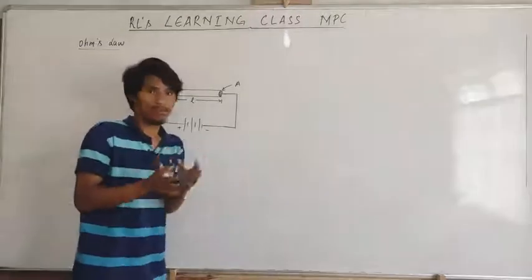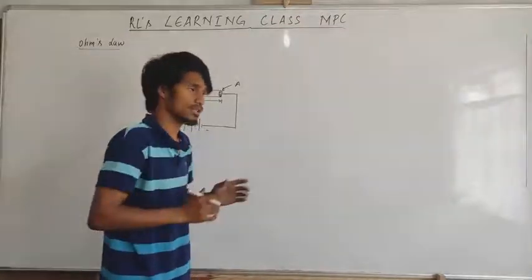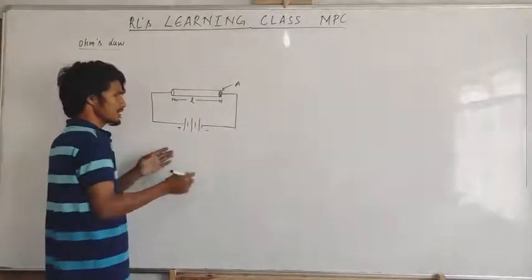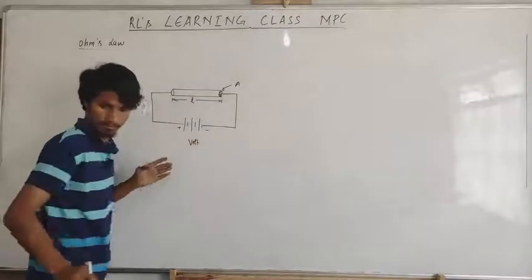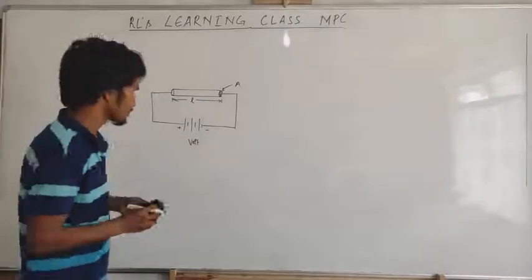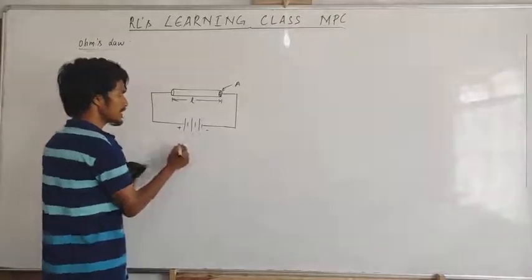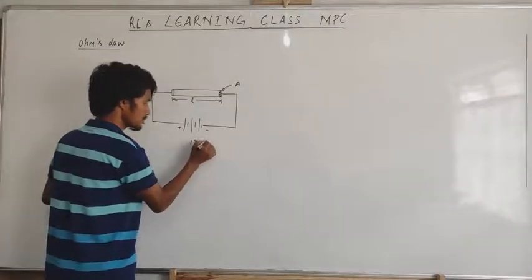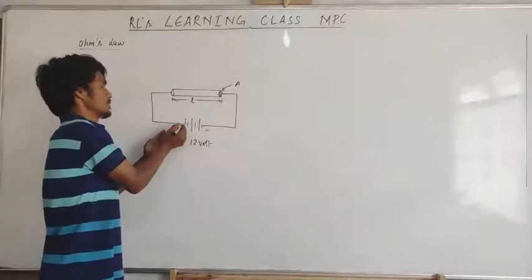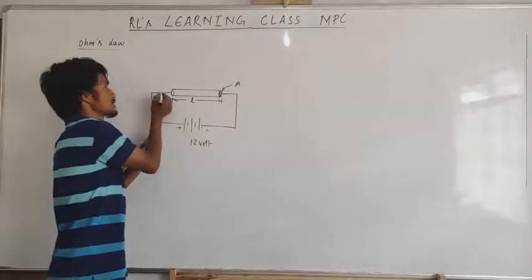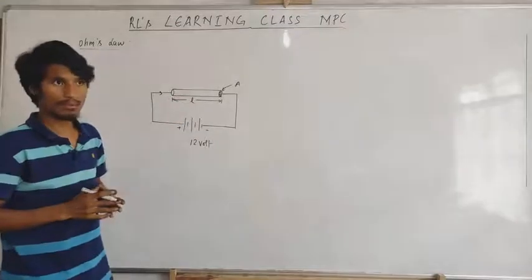Remember, battery is the one that supplies electric potential. Let's say this battery has 12 volt. 12 volt is electric potential. Now it is supplied, now it flows. Now it's supplied to this conductor.